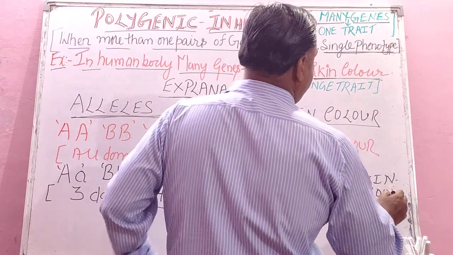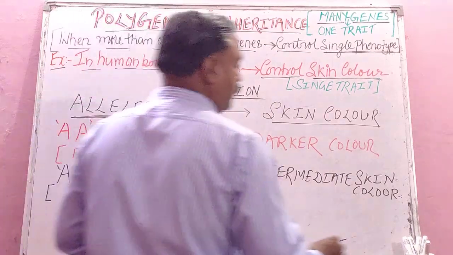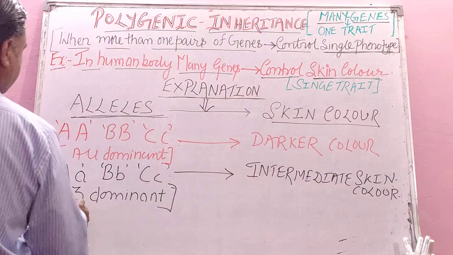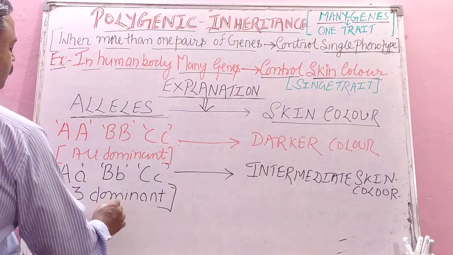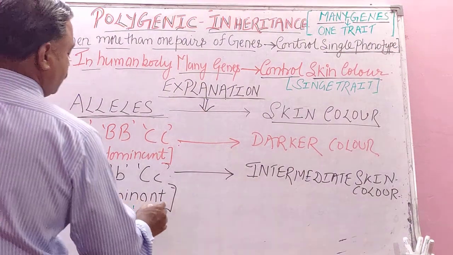Similarly, the third condition, student. In the third condition, all recessive: small a, small b, small c, all the alleles are recessive.